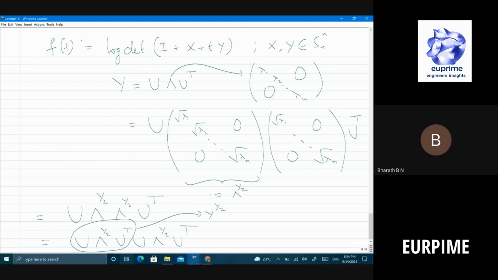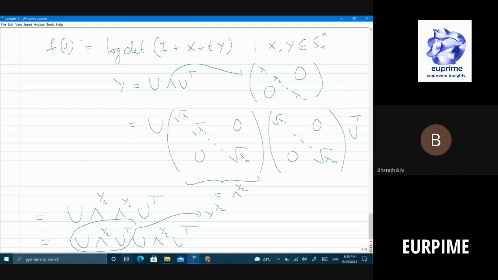You understand the notation, right? Just take the eigenvalue decomposition, u lambda u transpose, take the square root of the diagonals, and you take u lambda power half u transpose, that is y power half. So basically I'm saying y is y power half times y power half. I can write this only for y belonging to Sn plus, so not in general.